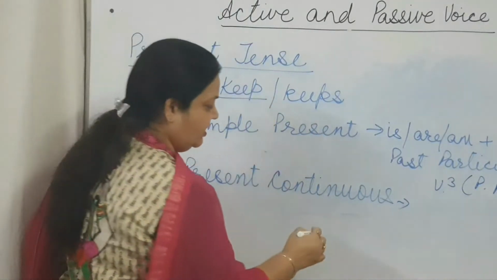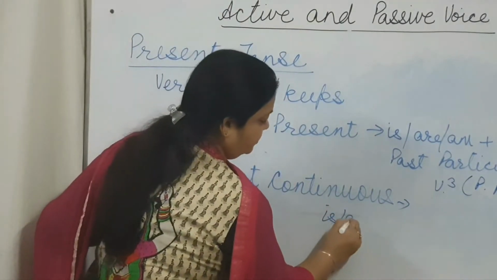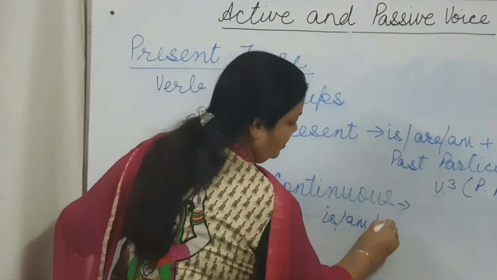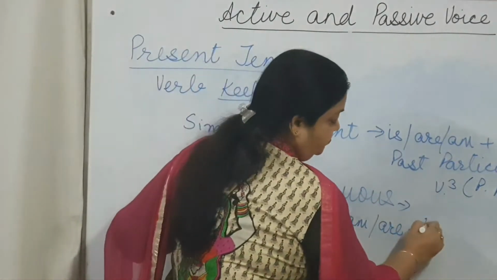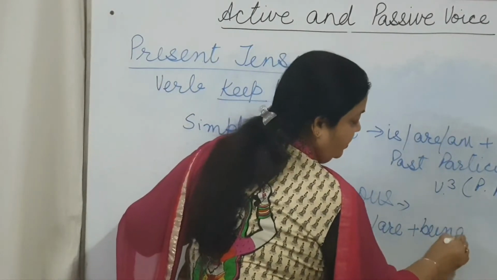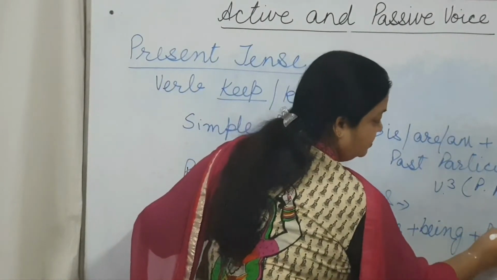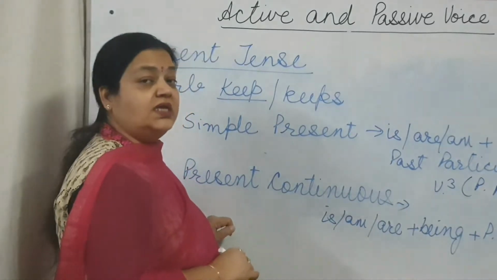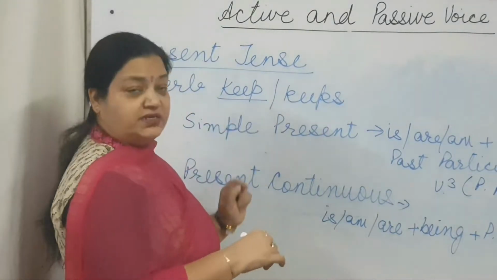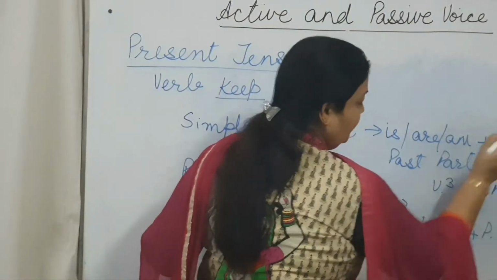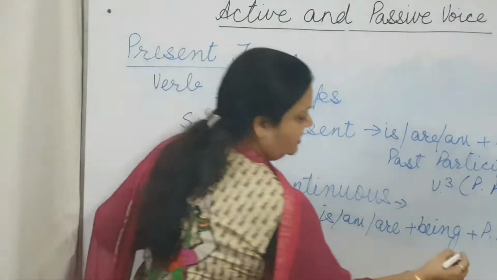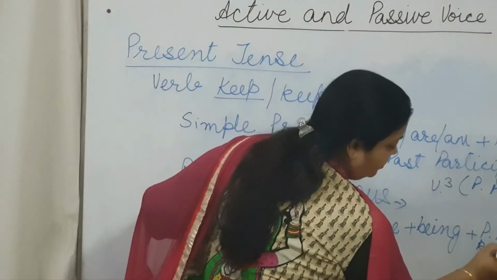Is, am, are will be there, plus being, plus the past participle of the given verb, which here is keeps, so it becomes kept. The past participle of keep is kept, so it will be kept.